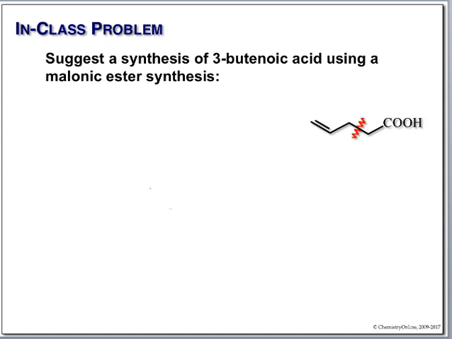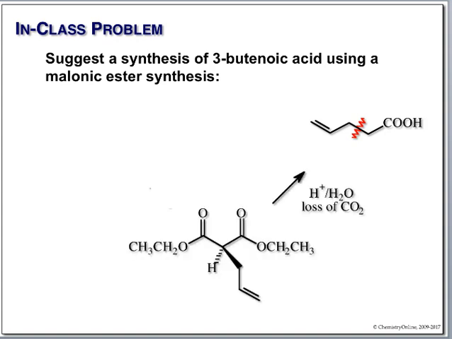All right, so what did this stuff used to look like before we decarboxylated? It looked like this. Diethylmalonate, CH2 double bond CH2. We simply took our ester, we dumped it in aqueous acid, warmed it up a touch, it fizzed, and we got our product. So, what was our alkyl halide?